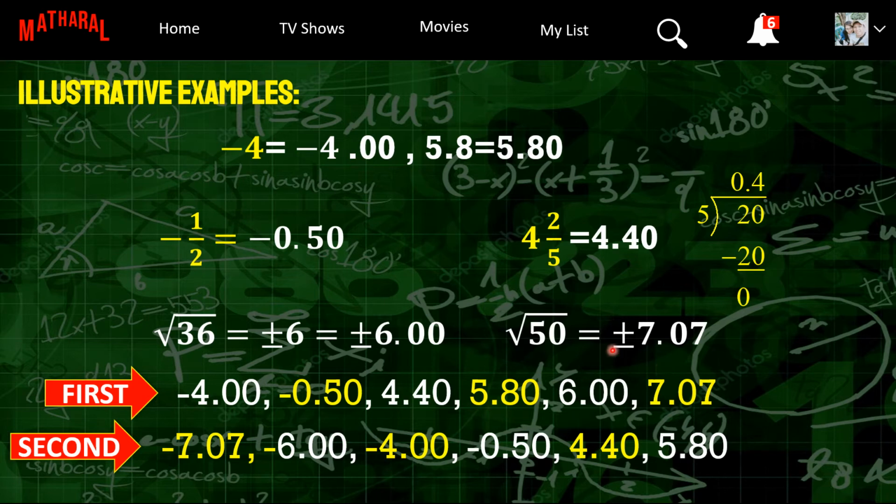Focus naman po tayo sa negative po ng mga square roots ng mga numerong ito. So we have negative 7.07, negative 6.00, and then copy na lang po natin itong mga sumusunod: negative 4.00, negative 0.50, 4.40, 5.80. Okay, so that's the second arrangement of the numbers.